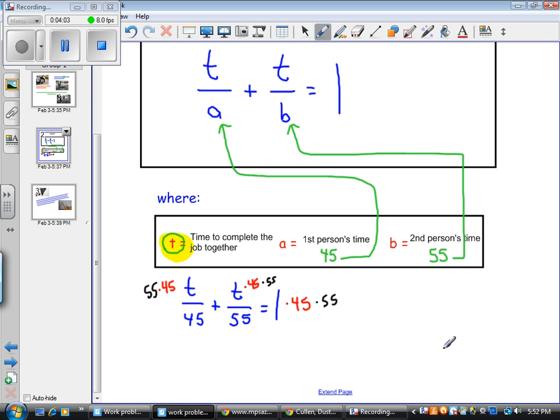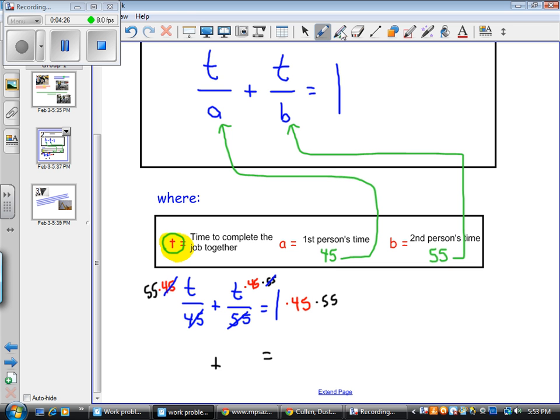Now you could take the time here to find a lowest common denominator, but honestly in a case like this that might take a little while, and I'd prefer to just do it this way. 45's cancel, 55's cancel, and now my fractions are gone. So I'm going to bring down this plus sign and my equal sign.